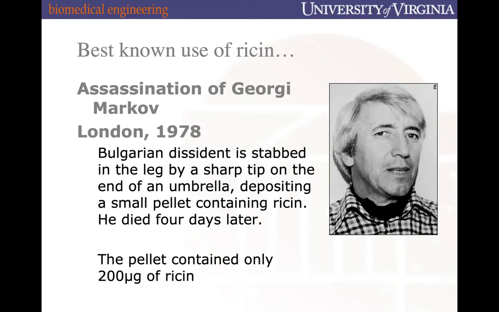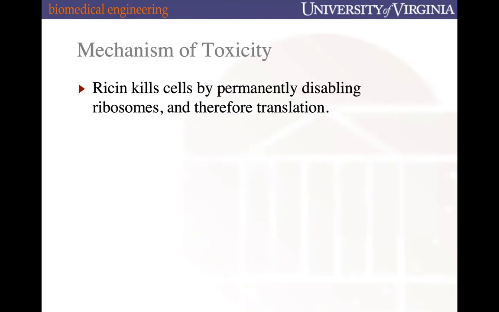And so the use of ricin as a poison and as an assassination tool has a long history, as well as a more recent one. The reason why we're talking about ricin in the context of translation is that ricin is able to permanently disable ribosomes and therefore halt and stop translation.